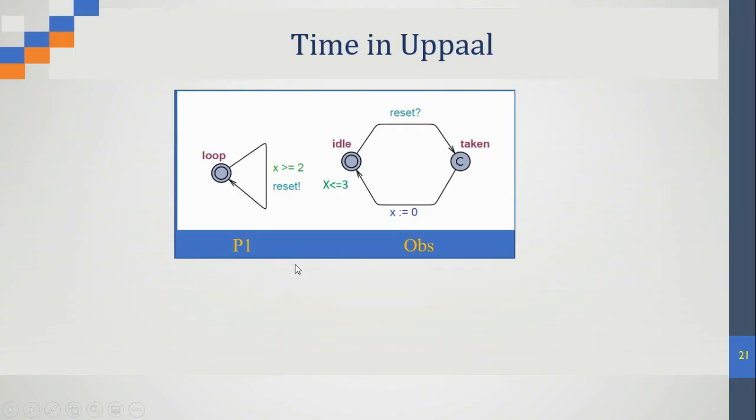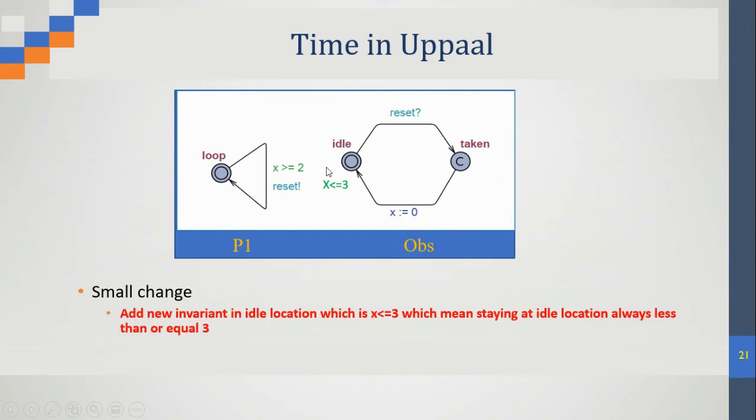So this is the small change: we just add an invariant in this location. Once we add this invariant, that means once x has reached 3, starting from 0, if x is more than 3, it will leave this transition. We will not leave this one, we just add conditions here.